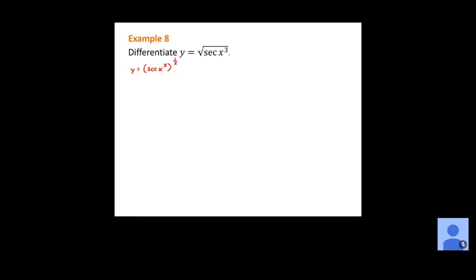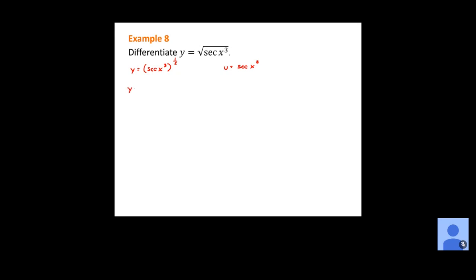Okay. Now what are we going to have to use to find this derivative? It's a chain rule, right? So what are you going to let u be equal to this time? Good. So secant x cubed is the inside, so u equals secant x cubed.